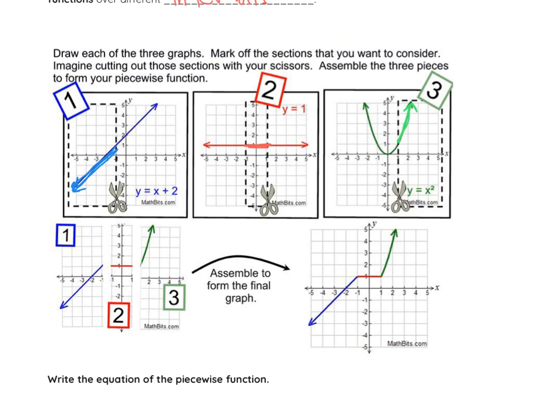If we took each of those pieces and pieced them all together, this would be considered a piecewise function.